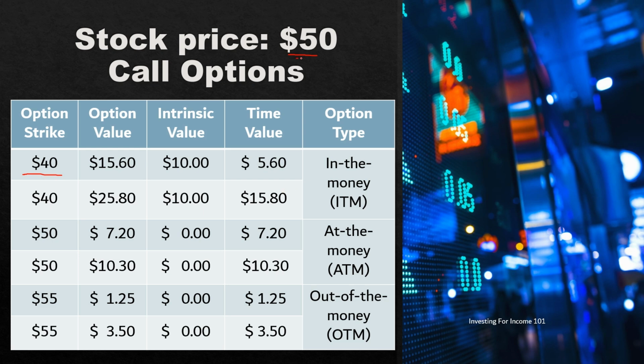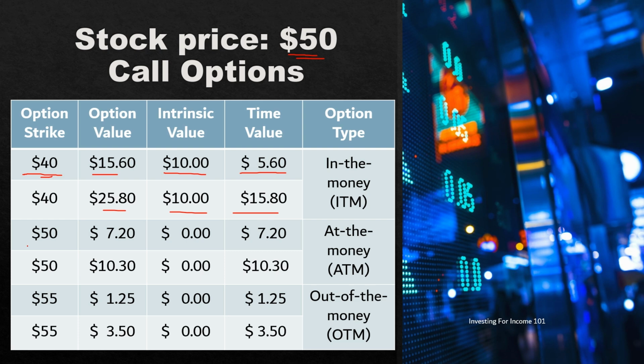That's the difference between the stock price and the strike price. So the intrinsic value is $10 for both options. The time value is the difference between the option value and the intrinsic value. For the first option, it's just $5.60. However, for the second option, if I subtract these two, I get $15.80. So the second option clearly has more time till expiration.